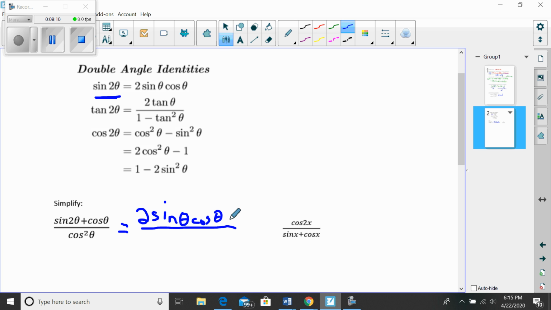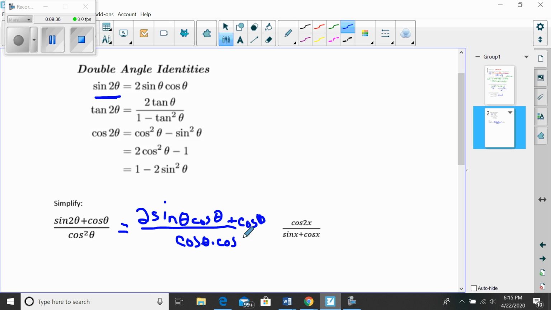So I replace that with its equal. Then I get the plus cosine theta, and then in the denominator, I have cosine squared. So remember in the denominator, cosine squared is cosine times cosine.